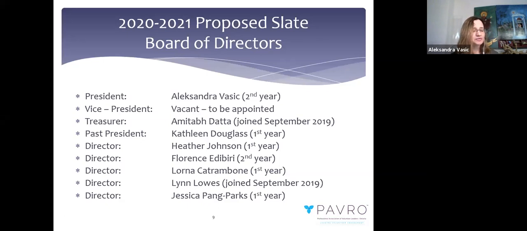Before moving forward with this motion and the vote, I want to especially thank past president Kathleen Douglas for stepping up again to serve as our past president. We reached out to our list of past presidents for some help when we discovered that all of our board members were working in the hospital sector, and we were really struggling to move forward.